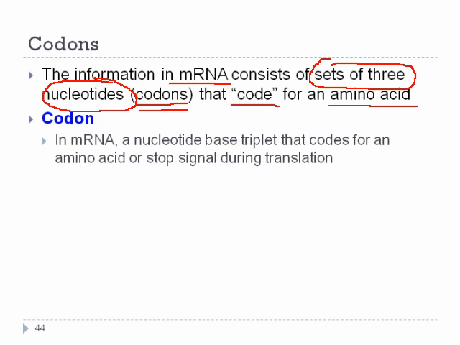So if we're making a protein, we're stringing together those amino acids. That information is what's in that mRNA. Every 3 nucleotides codes for 1 amino acid, and we call it a codon. It's a nucleotide-based triplet that codes for an amino acid or a stop signal during translation.